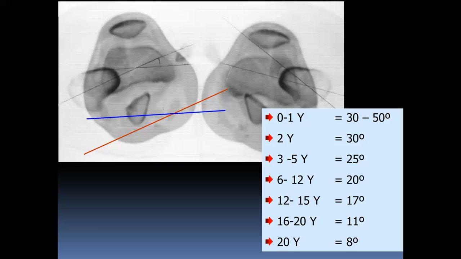Here it is. This is the femoral neck axis and the femoral distal axis, and this shows the angle.